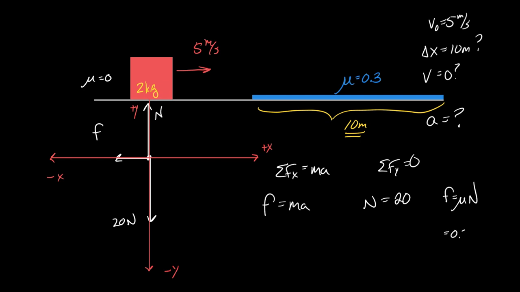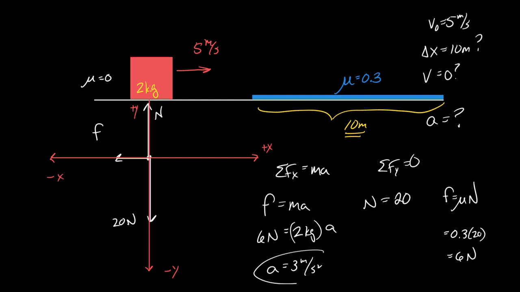And that'll be 0.3 times 20, or 6 newtons. All right. Pretty straightforward, isn't it? I've got 6 newtons equals 2 kilograms times a. So a equals 3 meters per second squared.